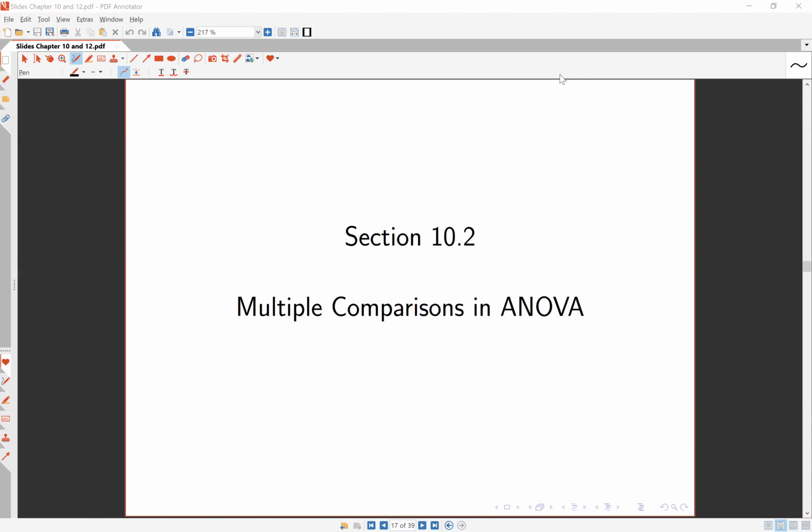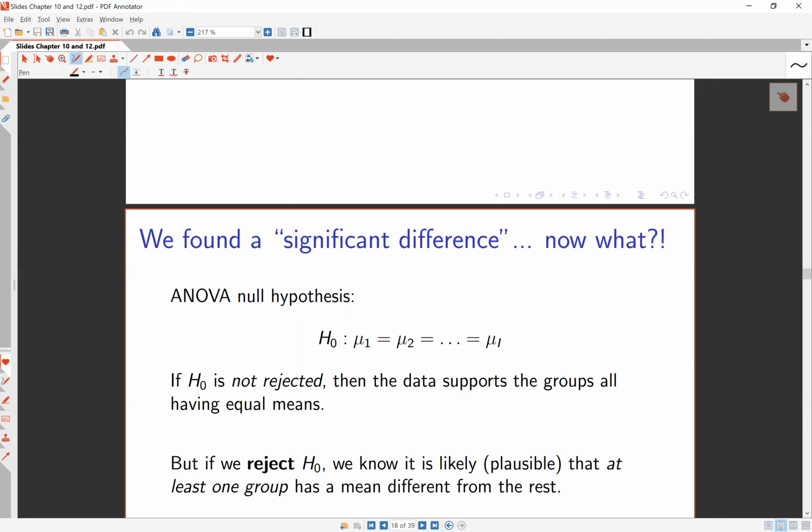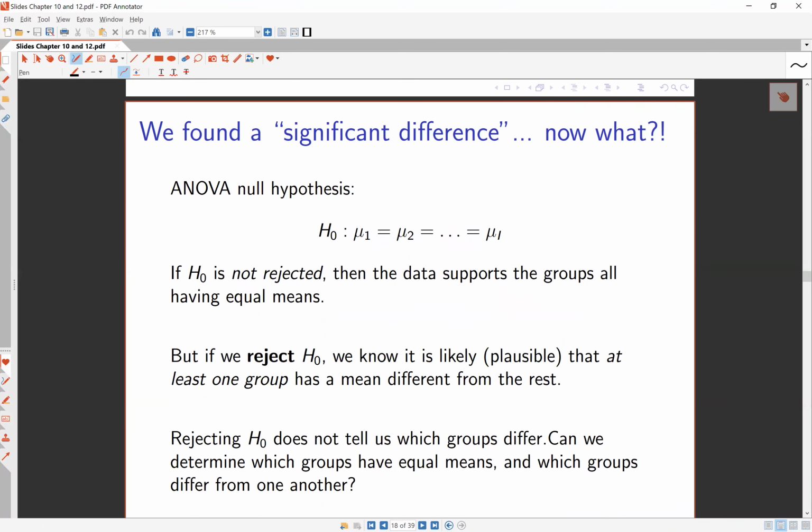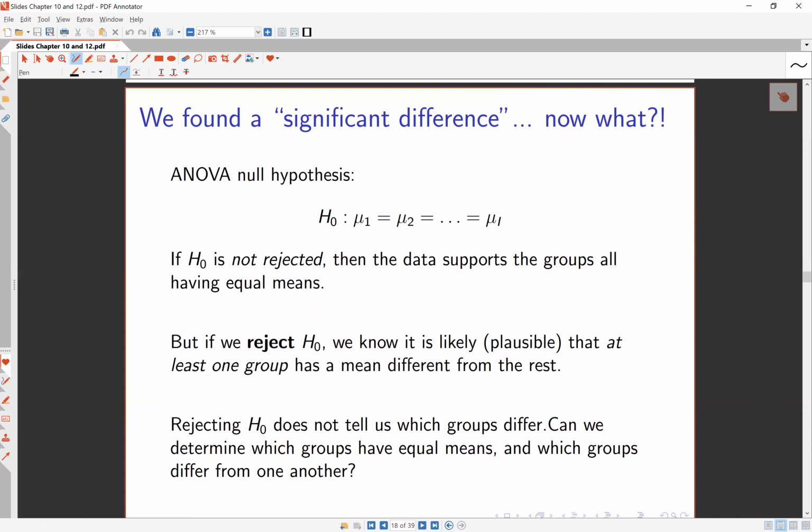of differing significantly. Right, so we're picking up today assuming that we've tested our ANOVA null hypothesis, that all the populations have equal means, but we have rejected that null hypothesis. If H0 is not rejected, then the data supports that all the groups or all the populations have equal means.